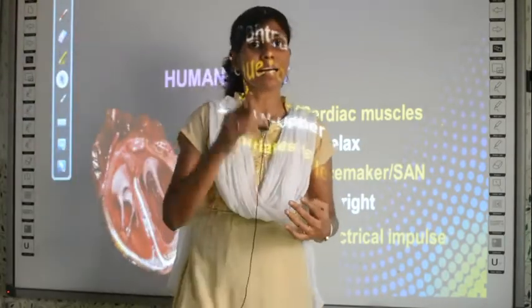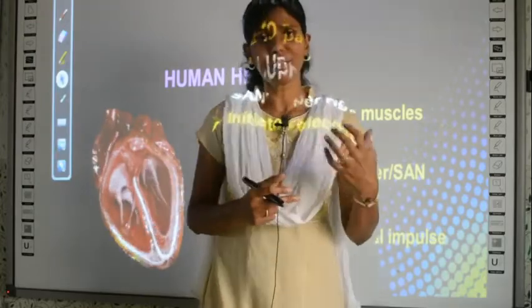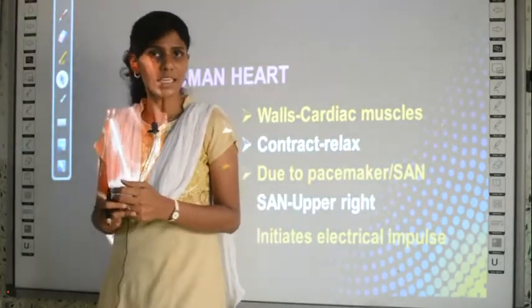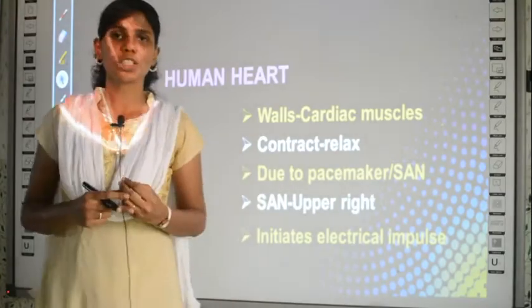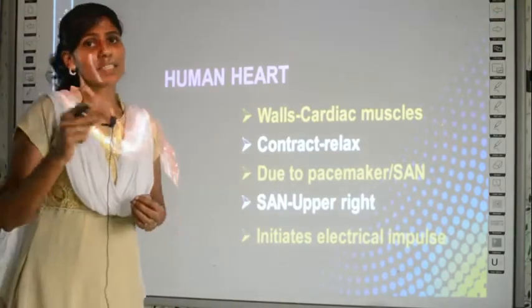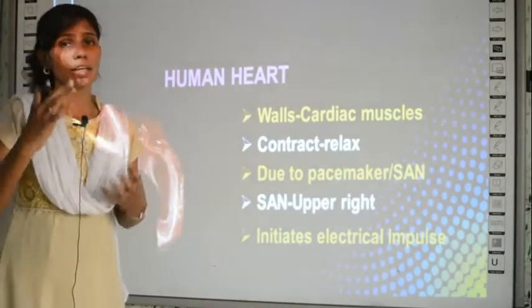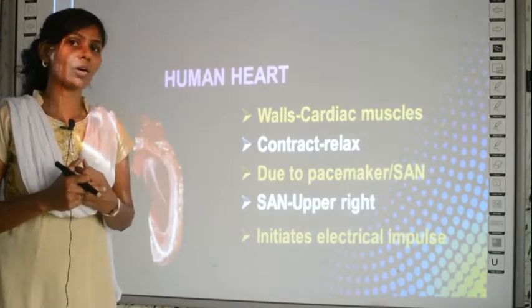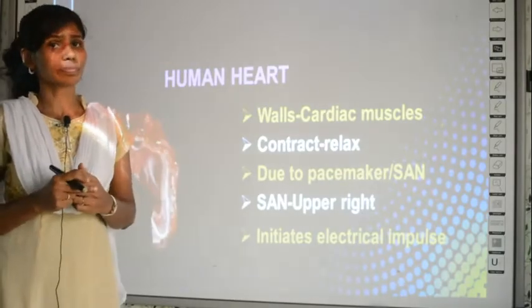In the previous lesson in your zoology, you have studied about nerve impulses, right? Nerve impulses are responsible for passing nerve signals, that is, the coordination of your body is controlled by nerve signals, or the neurons carry the nerve impulses.